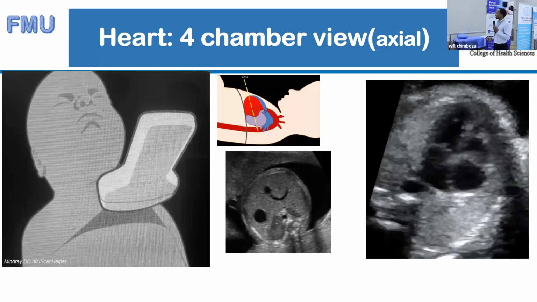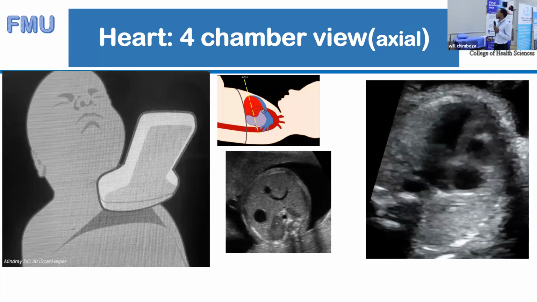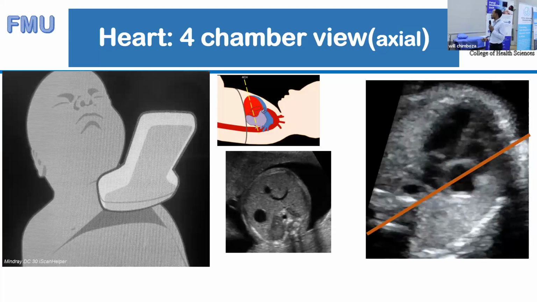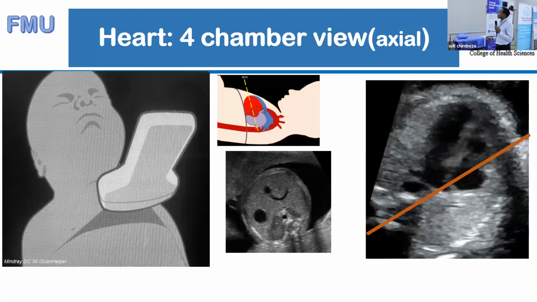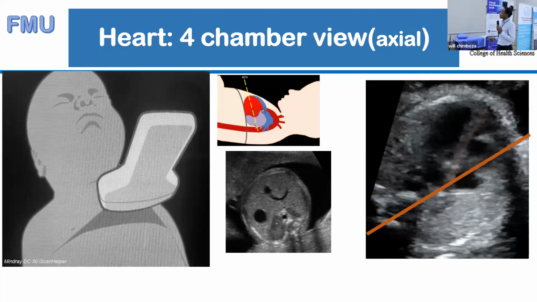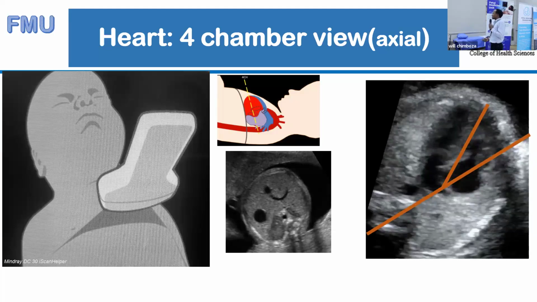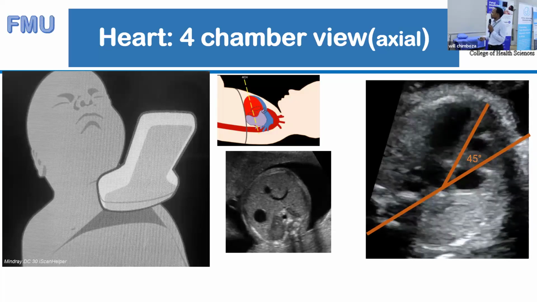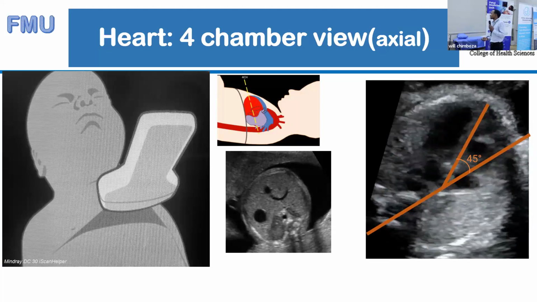So 3/4 of the heart should be on the left side. Then if we draw an imaginary line that bisects the heart through the interventricular septum, then the angle in between should be about 45 degrees, plus or minus, for us to say that the axis is normal.